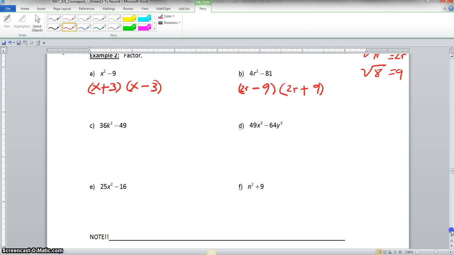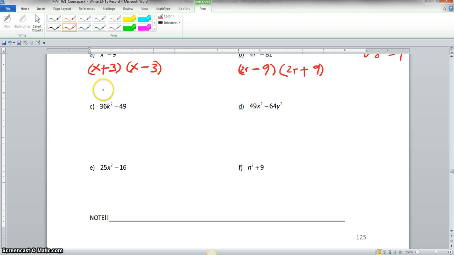Now we scroll down here to the 36k squared minus 49. Now, the square root of 36, let's do these parentheses. Okay, the square root of 36k squared, we know the square root of 36 is 6, and the square root of k squared is k, which we could write here. Square root of 36k squared will give us 6k.